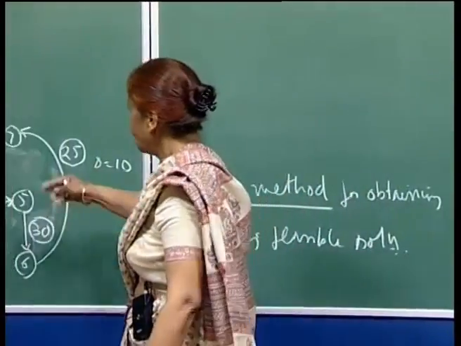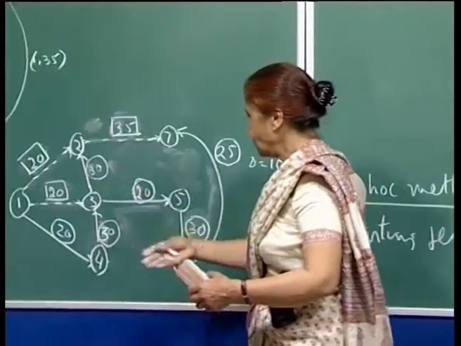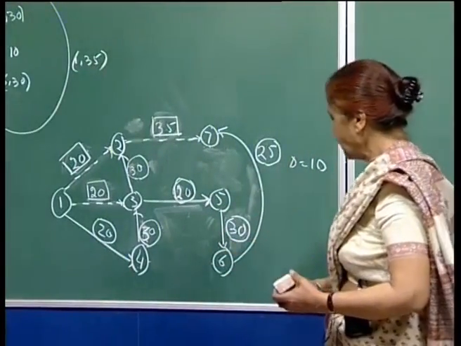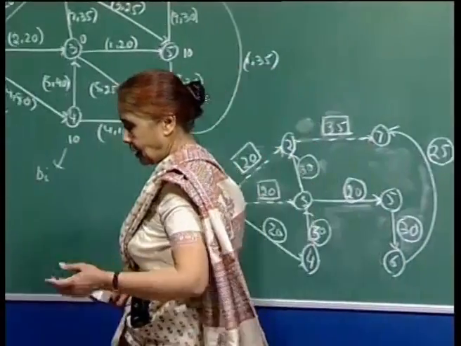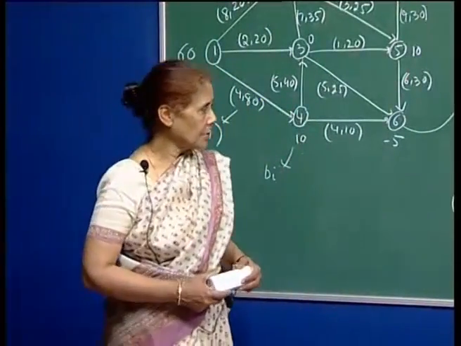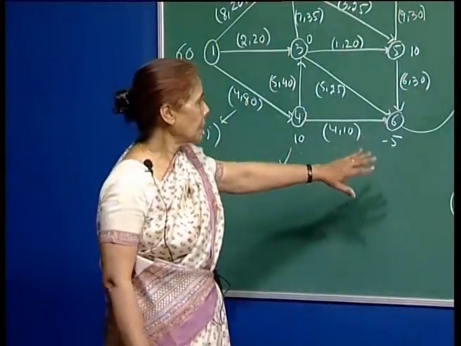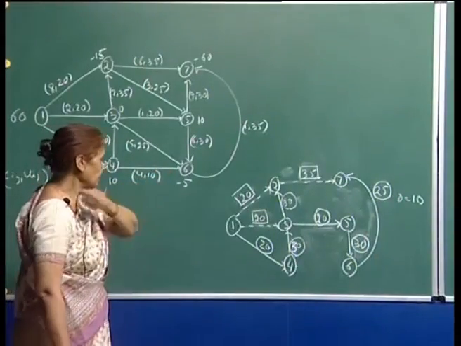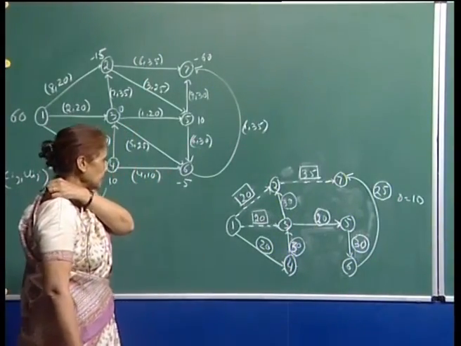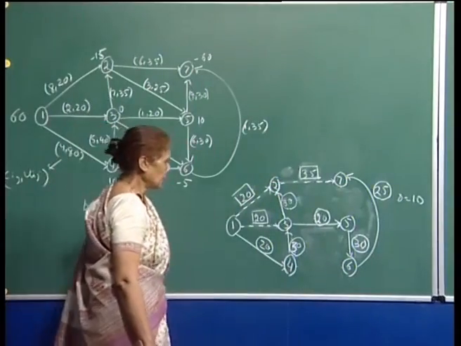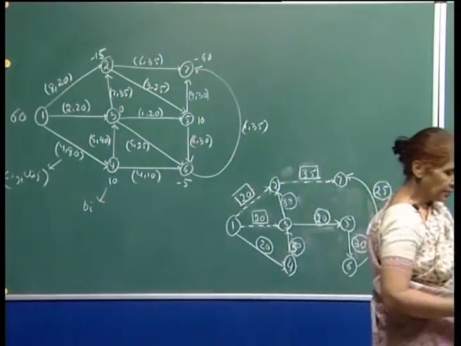Here you will have to use a lot of judgment at every point how to do it, though one can probably program this also, but anyway, I just wanted to show you that you can get a starting feasible solution. So that takes care of your starting feasible solution.